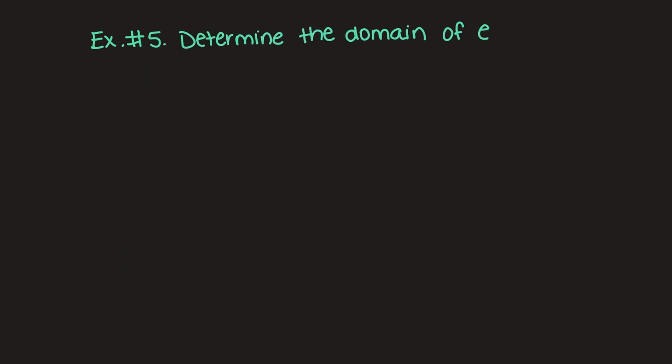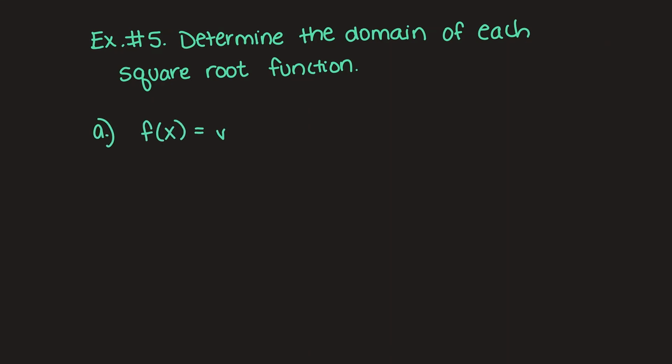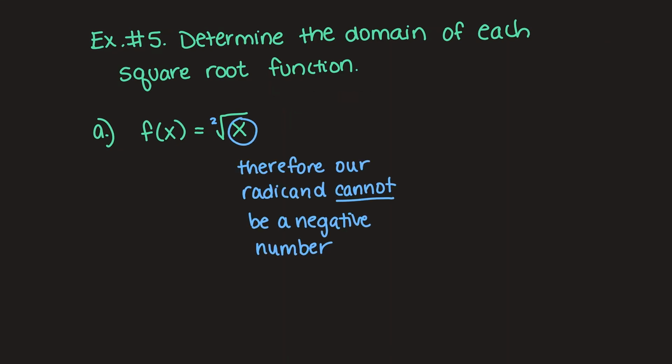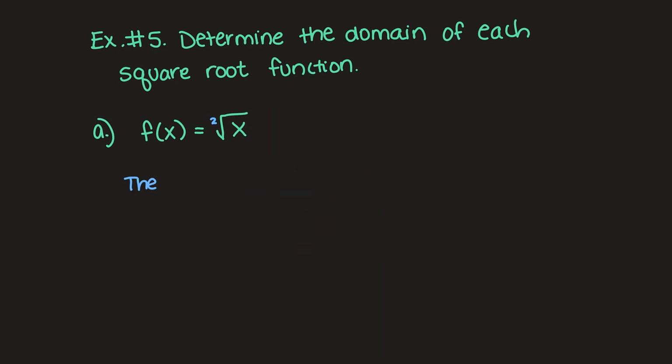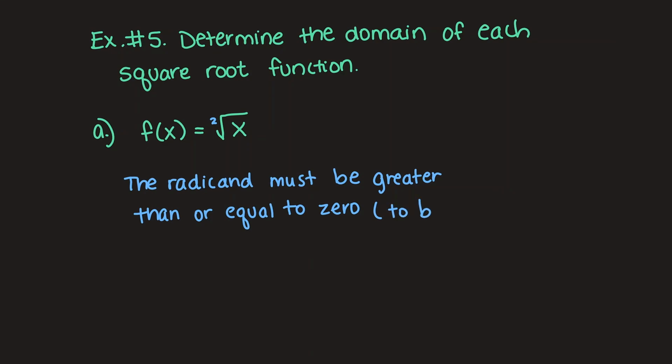So for example 5, we want to determine the domain for the square root function f of x. And for this function, the index of the root is even. Therefore, our radicand cannot be a negative number. The radicand must be greater than or equal to 0 in order to be non-negative.